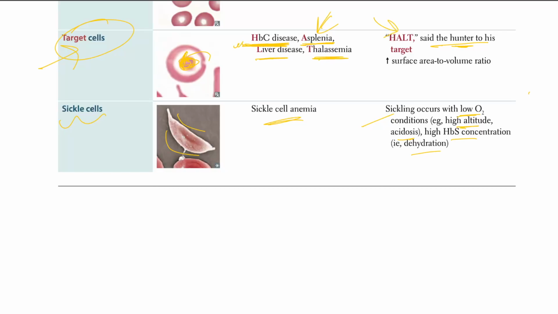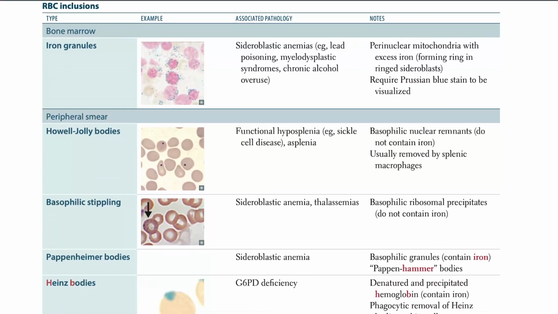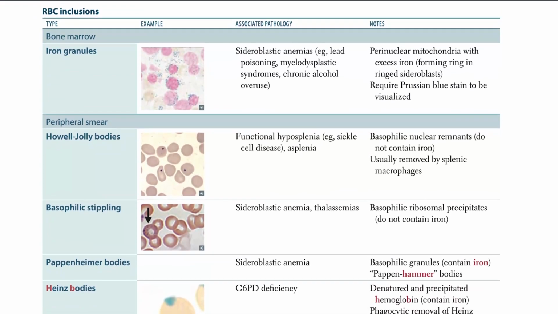Okay, let's move on with the next thing. What do we have? RBC inclusions. In the bone marrow, the inclusions are the iron granules.